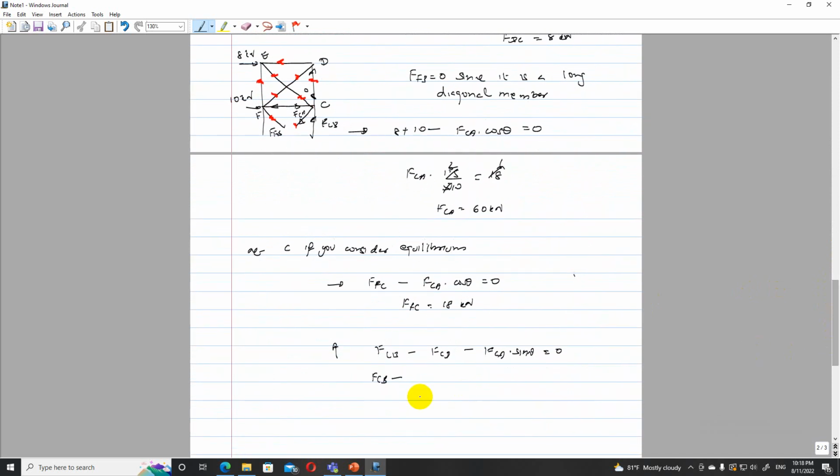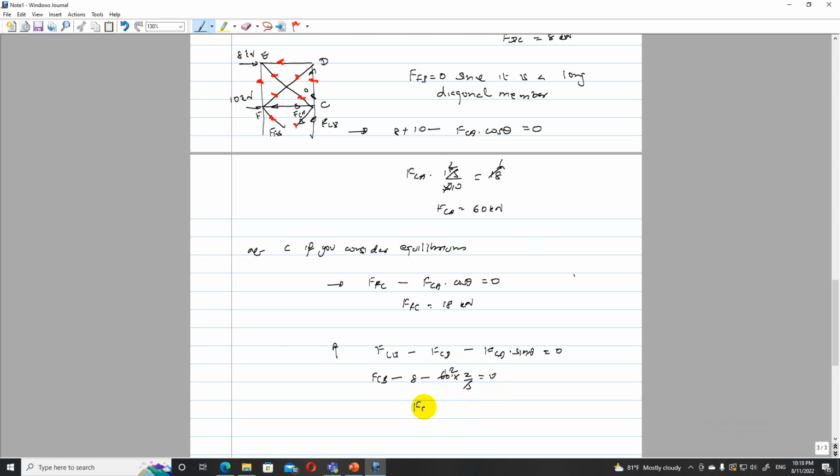So F8 minus FCA. FCA is 60. Okay, 60, and sine theta is 2/5. So 24.